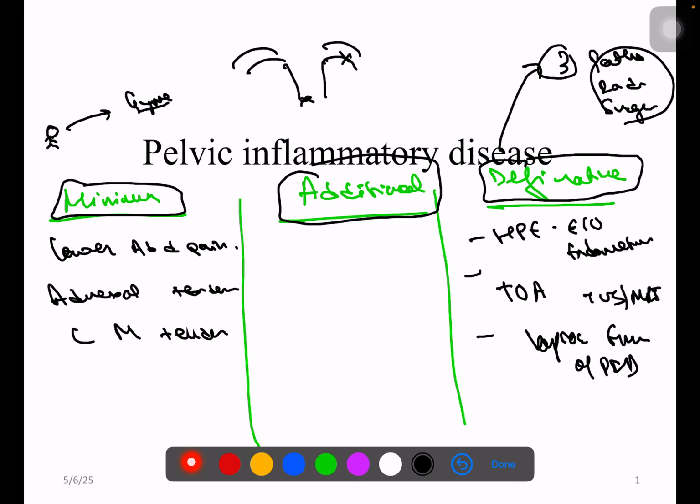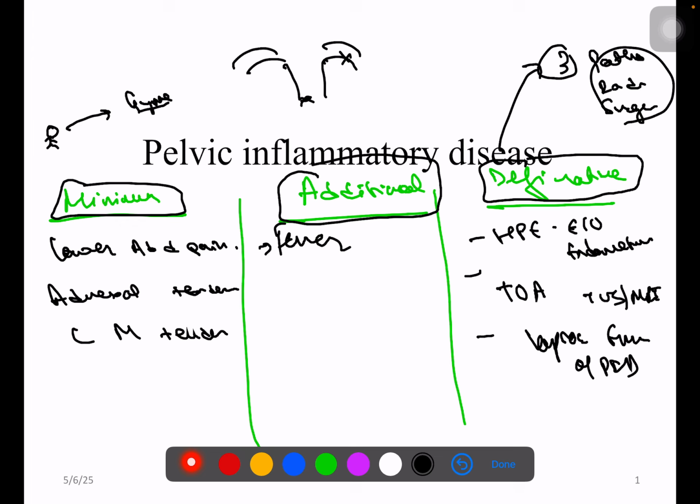So additional criteria is basically, just remember that the woman will come, she is having lower abdominal pain, and of course she'll have fever. So you find it out, you put a thermometer. Suppose she's a female from a village community, will she say fever?